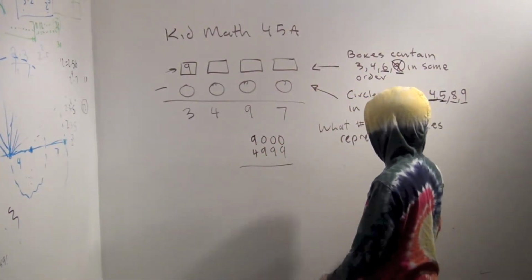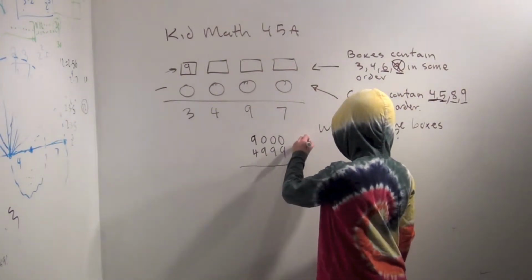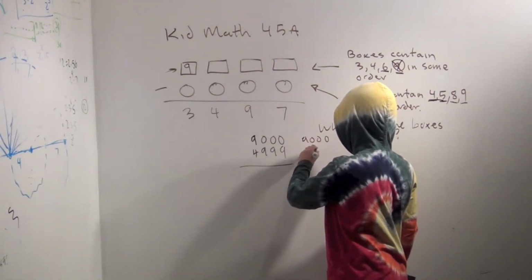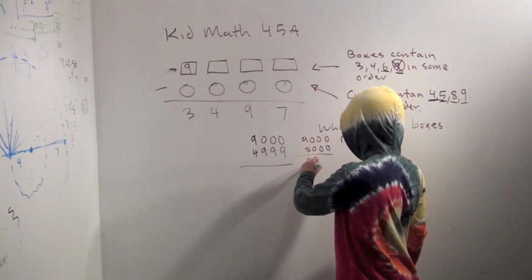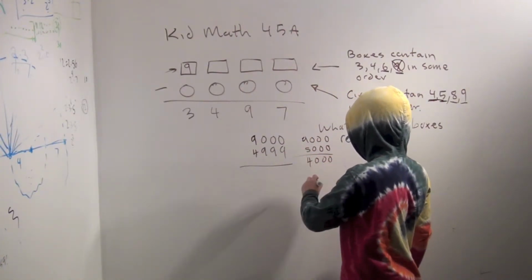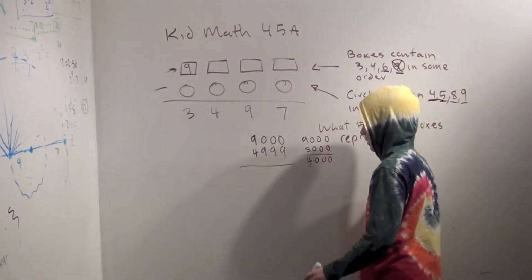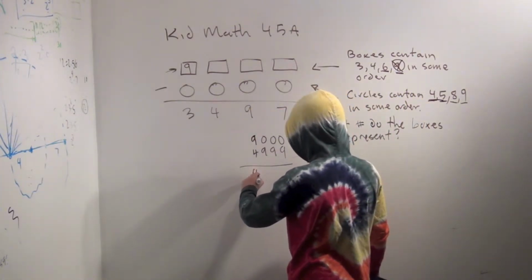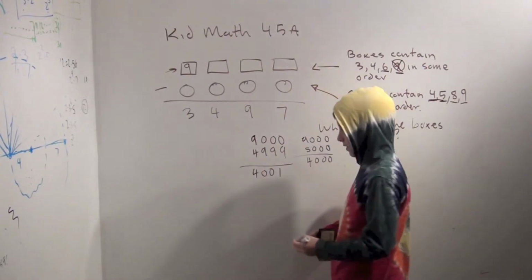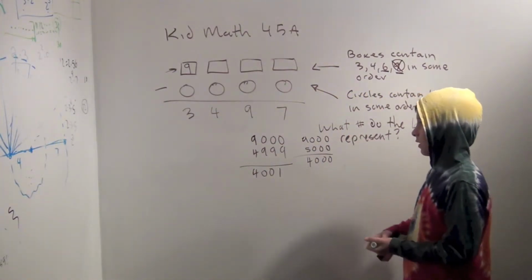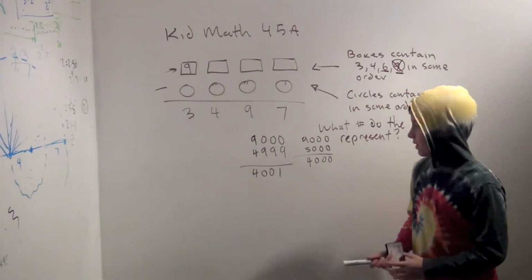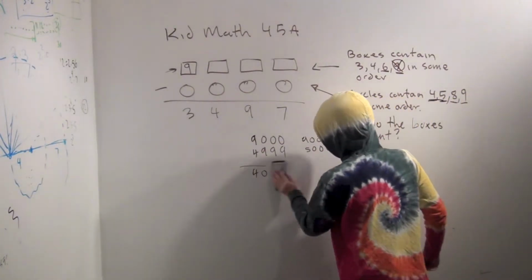It's easy to do, because 9,000 minus 5,000 is 4,000, so 9,000 minus 4,999 is 4,001. So 9,000 minus anything here is at least 4,000. You don't even get into the 3,000s.